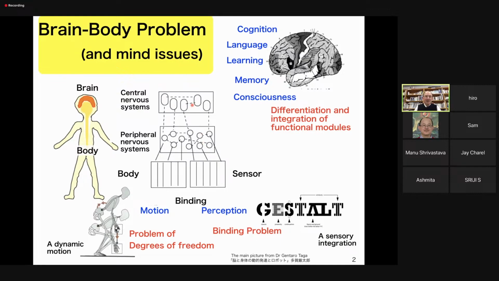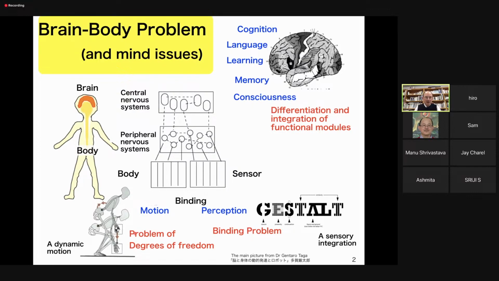Then it computes input and output. So motion and perception have a similar problem. And dynamic motion, the problem with the degrees of freedom, is also an issue, the constraint and the mechanism.